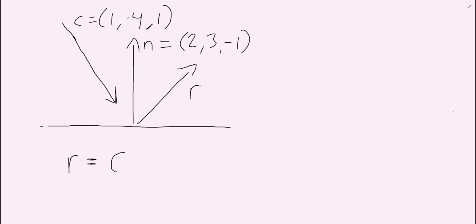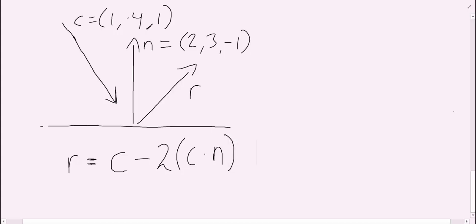So r equals c minus 2 times c dot n times the vector n, and both of these need to be normalized.